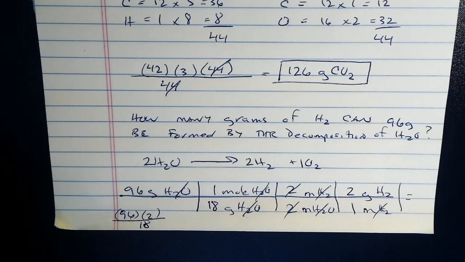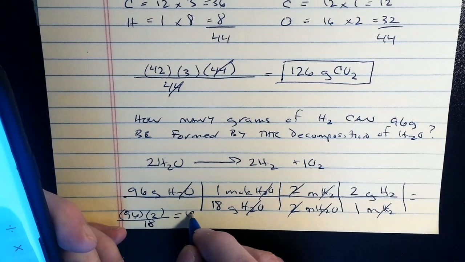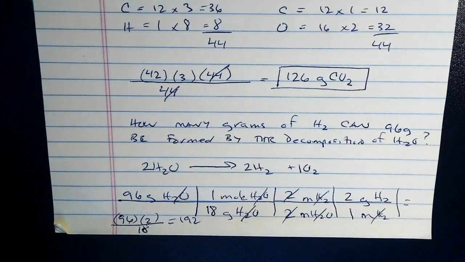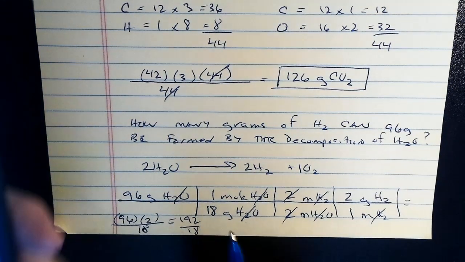Okay, and for this one I am going to pull out the calculator on the old phone here. And we'll do 96 times 2 is equal to 192, and it's going to be divided by 18.